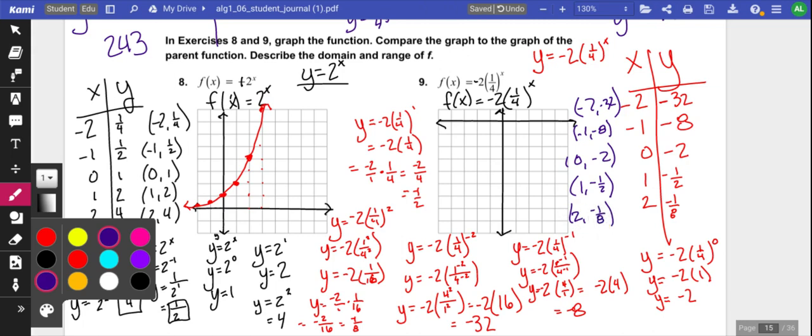Okay, so -1, -8. 1, 2, 3, 4, 5, 6, 7, 8. It's going to go right there. 0, -2. And then 1, -1/2. Again, you can kind of guesstimate for the fractions. And then 2, -1/8.